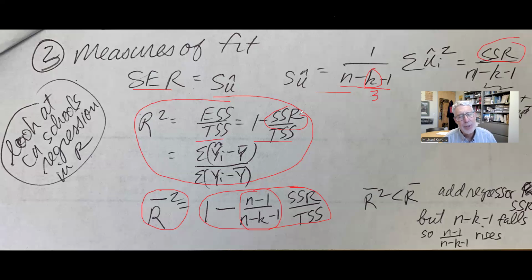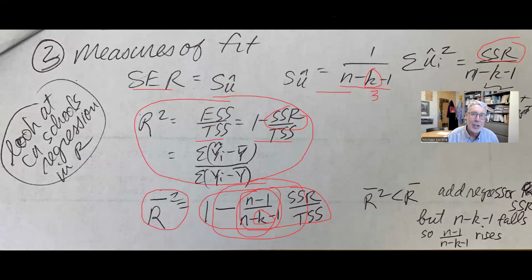That's a downside, because you might be tempted to say, oh, I should just add a whole bunch of variables, even if they have no reason at all to be in my regression, because my R squared will go up. So adjusted R squared penalizes you for adding more variables. Adding more variables makes this denominator a smaller number, which makes this a bigger number, which makes what you're subtracting from here a bigger number.